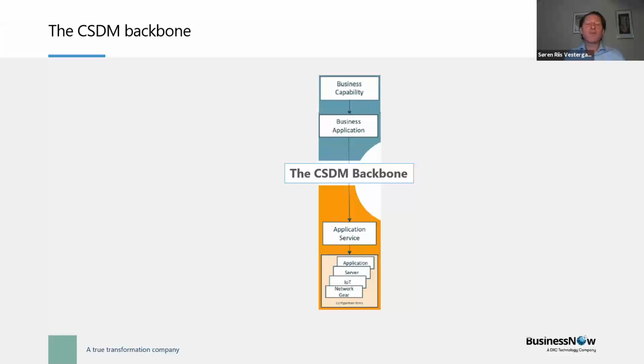And moving from the bottom up, we can say that the applications are supporting the business. And every time we do something to the infrastructure, to the software, we will affect the application services. We will potentially affect the business application layer and the business capabilities. So these entities and relationships between them are key in the model.